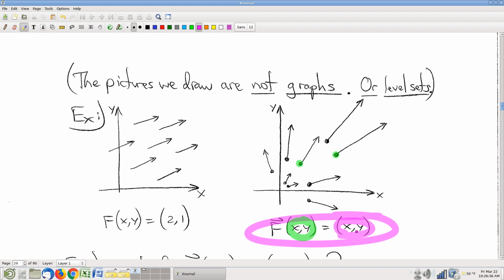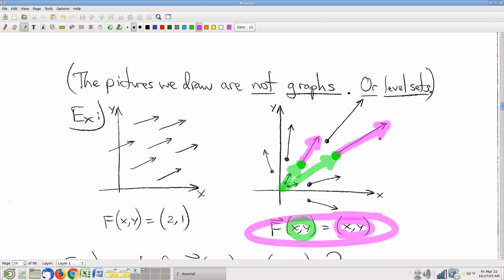That means that the field vector is the same vector as the position vector for the point. Here's the position vector for those points, or position vectors. How we associate points to vectors are, tail at the origin. So the field vector is the same as the position vector, means that these field vectors are kind of like this.